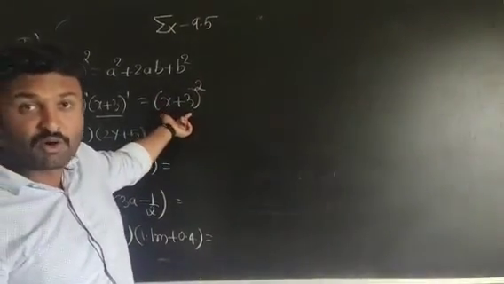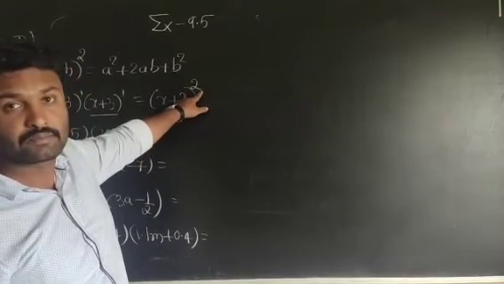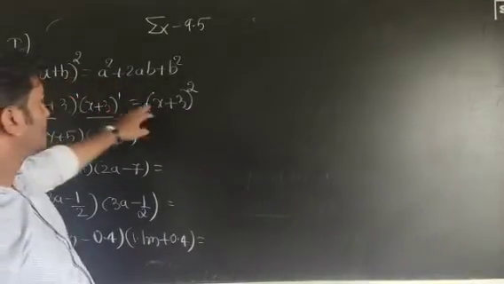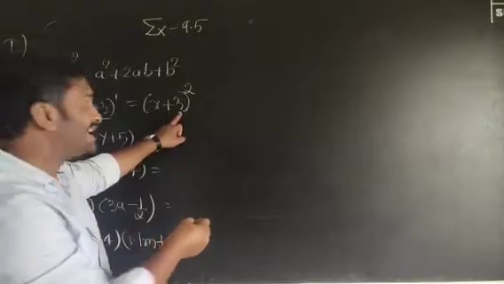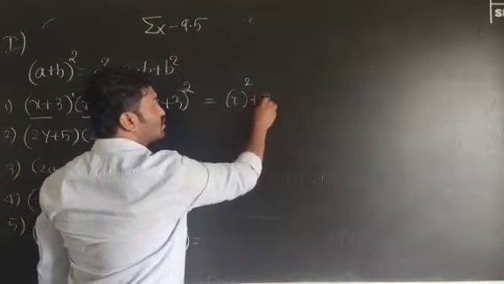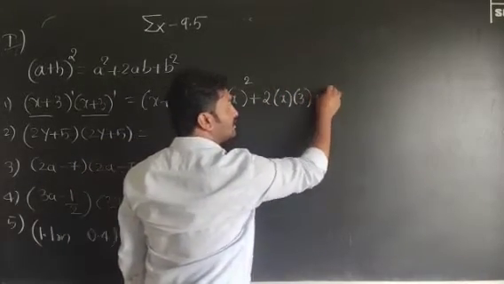Now I got it in the form of (a plus b) whole square. Now here is the identity. Here a means x, b means 3. Apply the identity: a square plus 2ab plus b square.